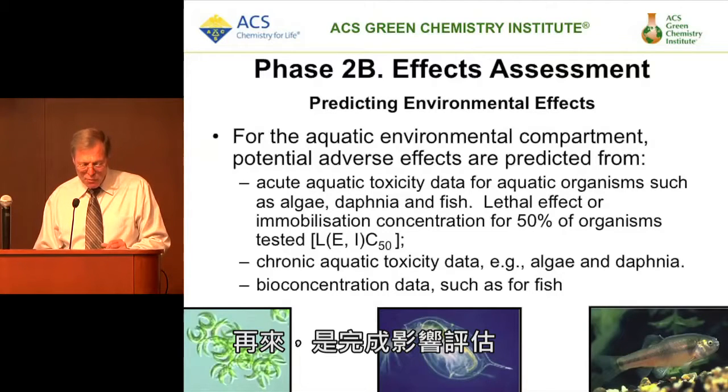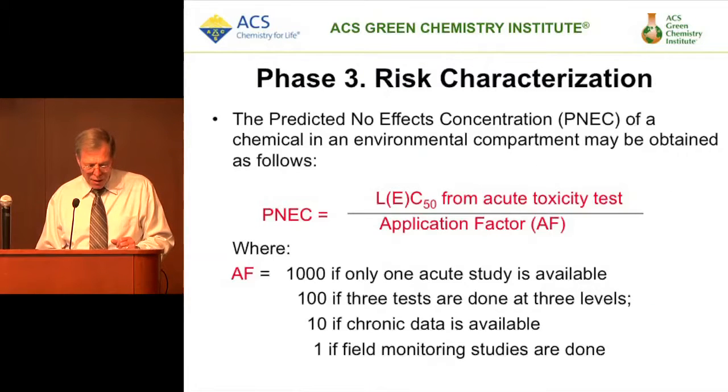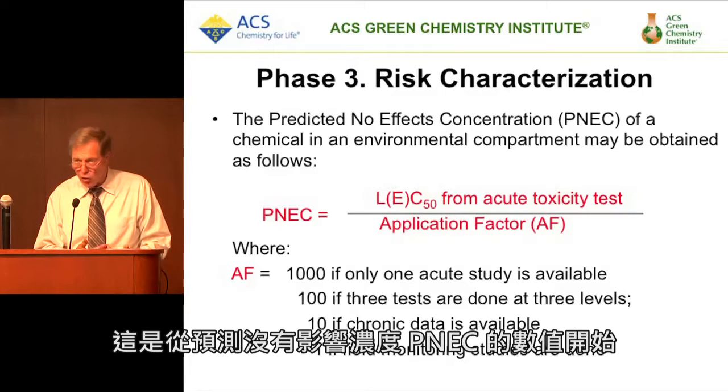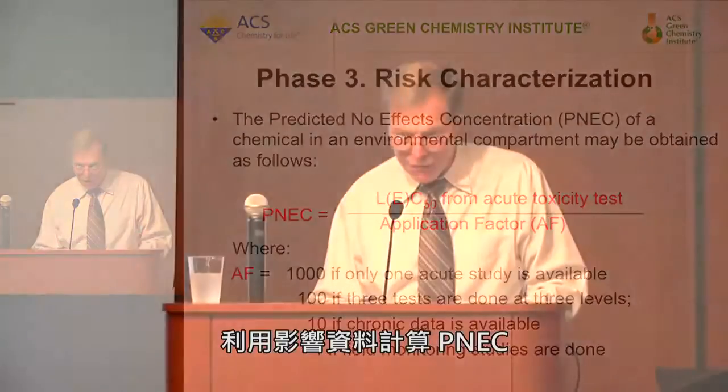Then the effects assessment is done. I've already described these types of tests. And then the risk characterization. Basically, you start with this value called a PNEC, predicted no effect concentration, and you calculate that with your effect data, and you apply an application factor.